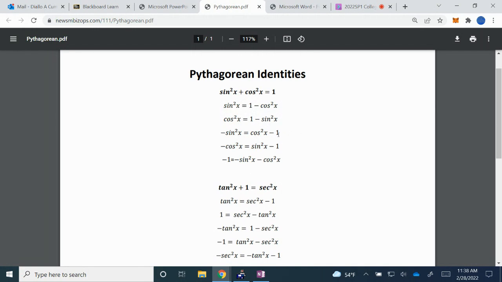I'm going to admit there's a bit of trial and error in this. You can rewrite sine squared x as 1 divided by cosecant squared x using the reciprocal identities. You could also write it as 1 minus cosine squared x using the Pythagorean identities. So you're going to use whichever identity based on what you're trying to accomplish in your problem.